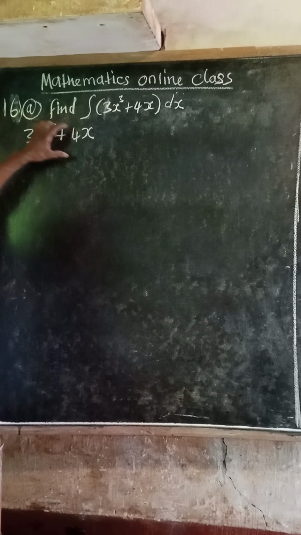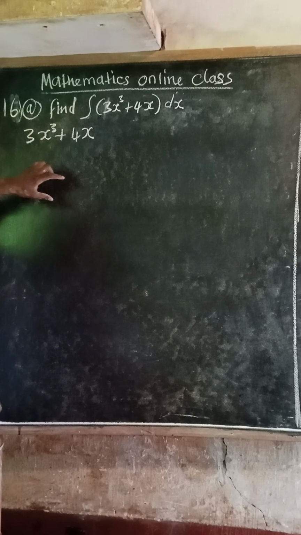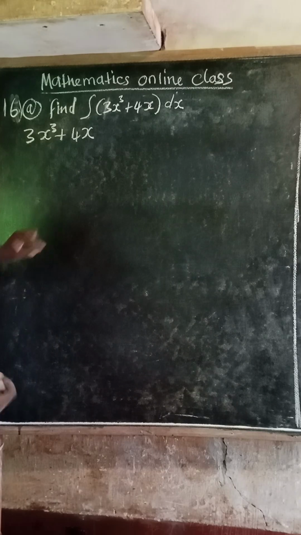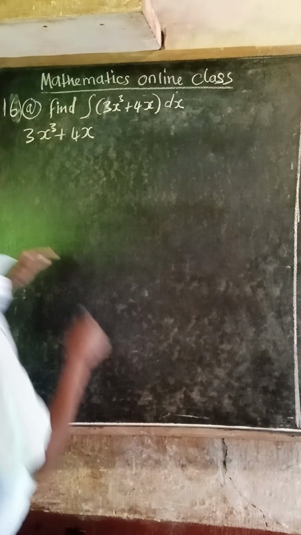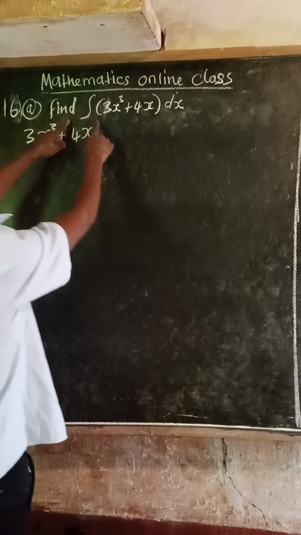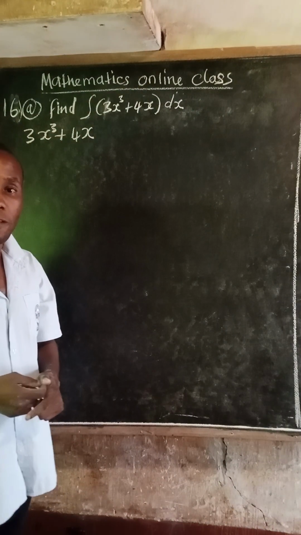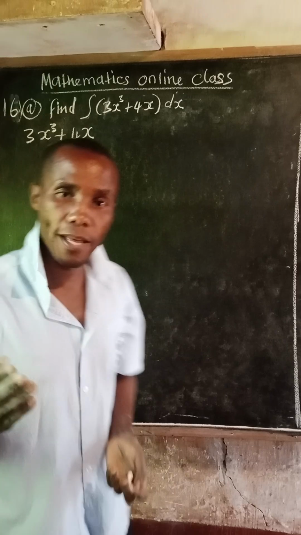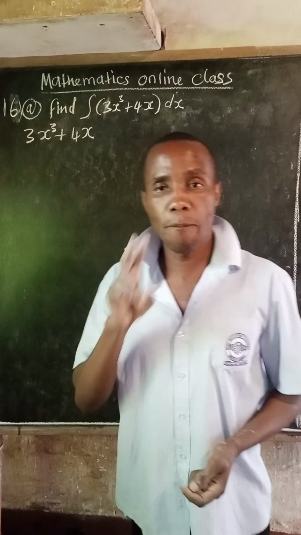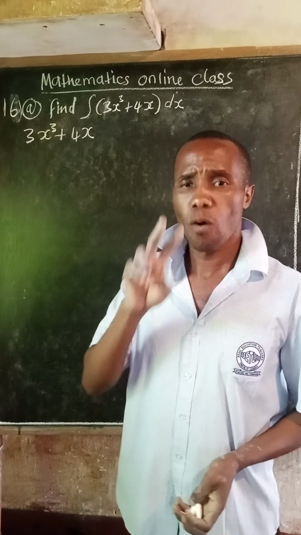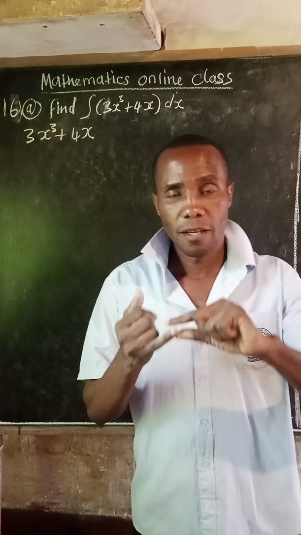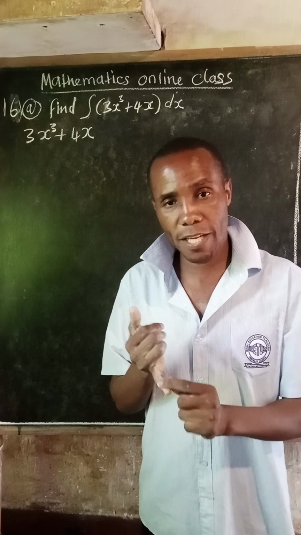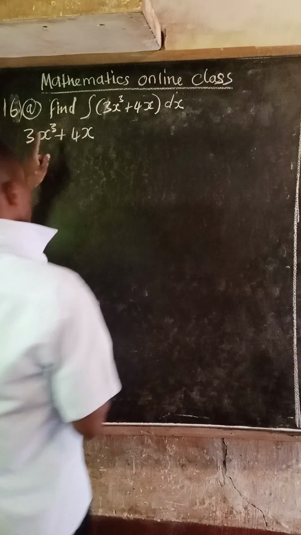When integrating, the first thing that you are supposed to know is that we integrate term by term. What do I mean? You first integrate this one, then you come to this one. That's how we integrate. The other thing that you should know is the two basic operations that are involved, and that is division and addition.